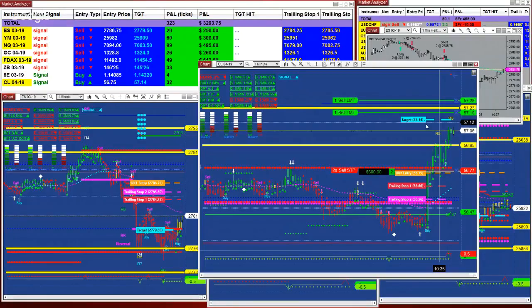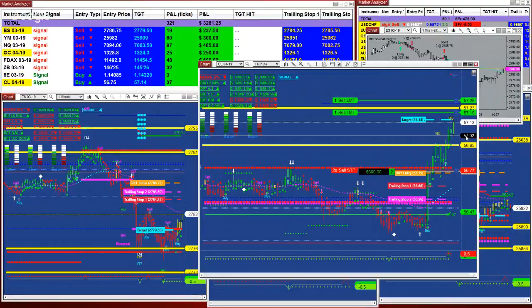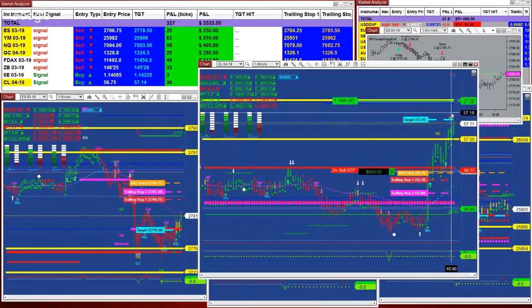So if you have your target at 57.14 as what the system said, and there is a bumper here, then you'll probably be best off to take it two ticks before, because look where this market is flirting with, exactly where the fib zone is, and it's very close to the target. There are two ticks between those two.